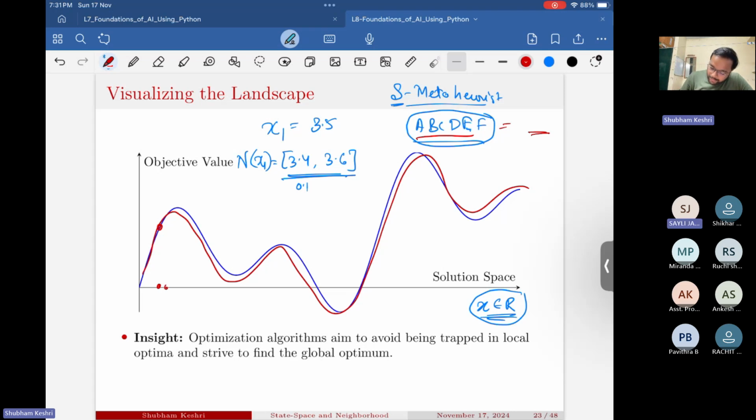So for each solution, you have to get the functional value. That is what exhaustive search is: you go to every solution, find its objective function value, and when you have exhausted all possible solutions, you will know what the best solution is.